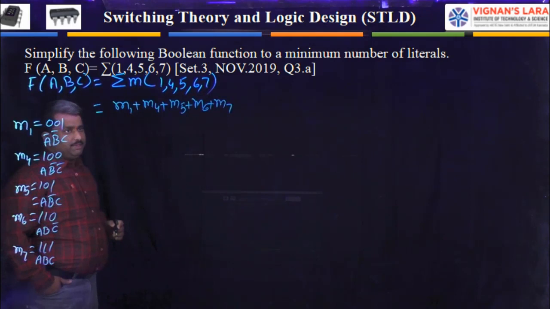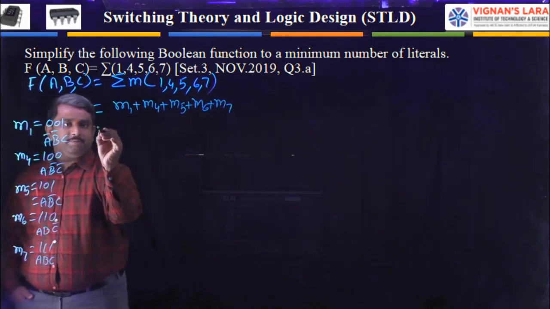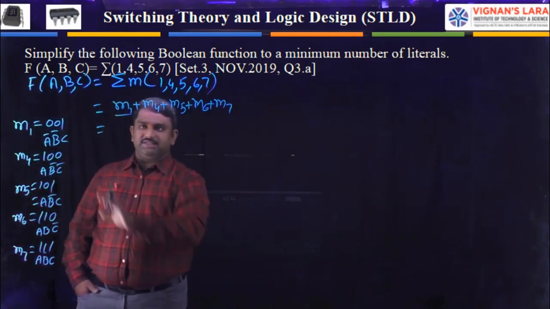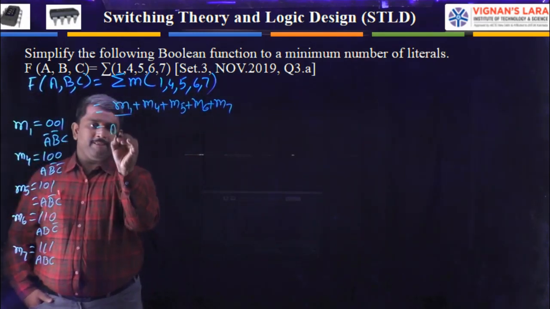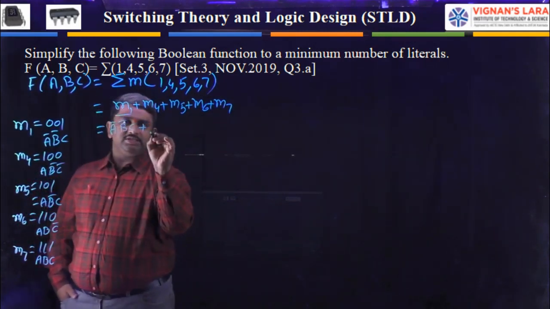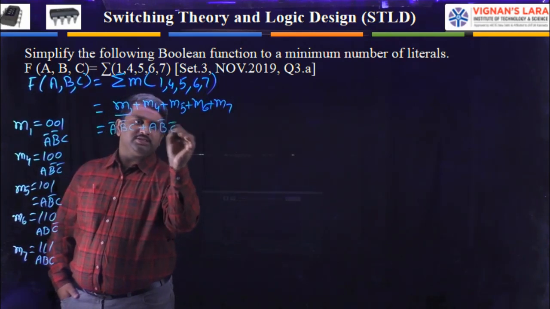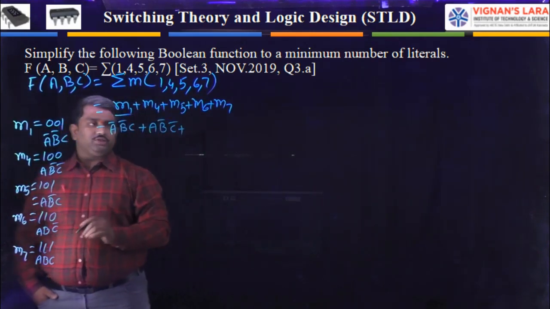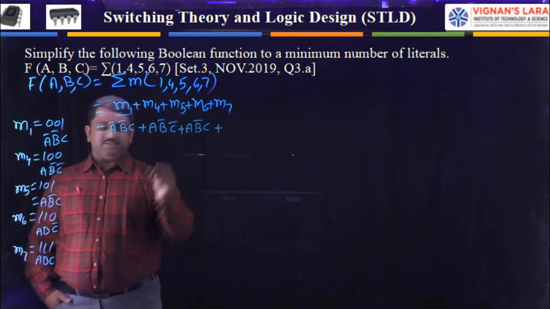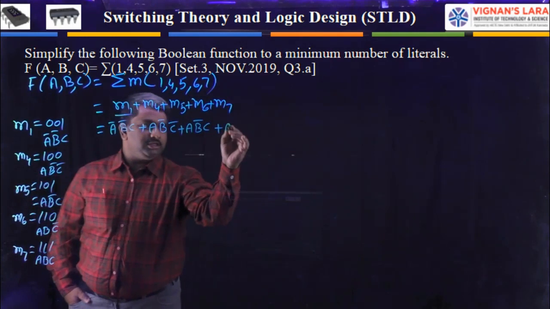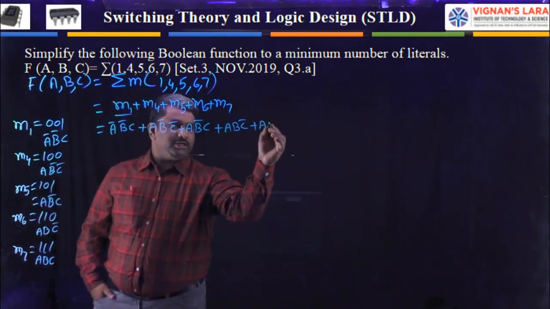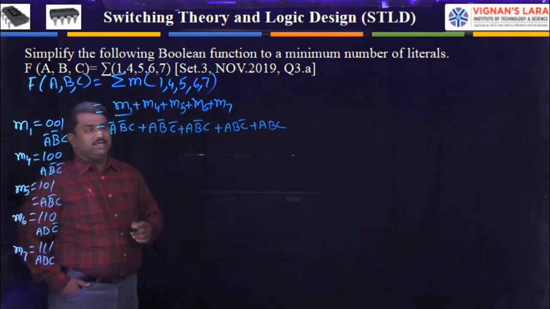What is meant by m1? m1 is A bar B bar C, plus m4, 100, that is A B bar C bar, plus m5, 101, that is A B bar C, plus m6, 110, that is A B C bar, plus m7, 111, that is A B C. So this is the given function.